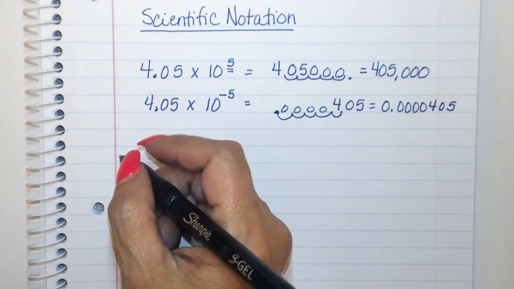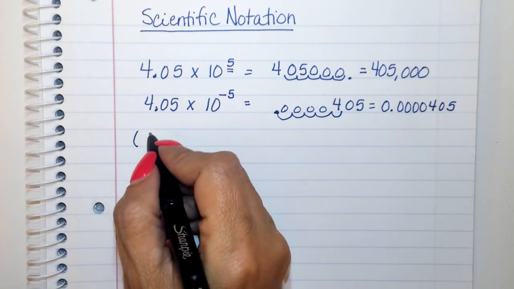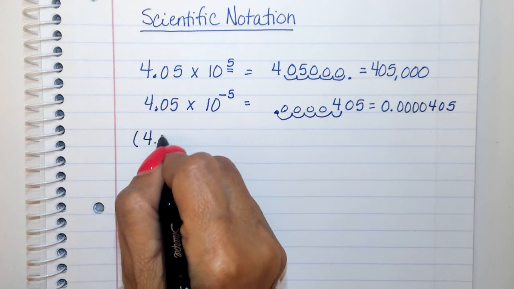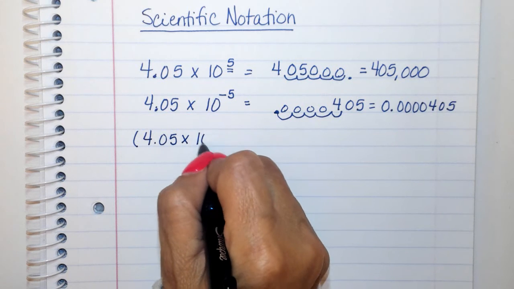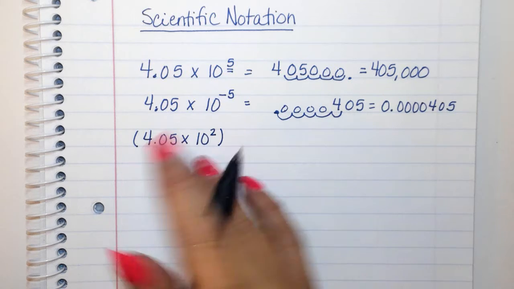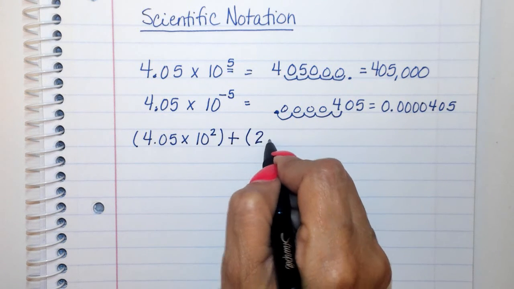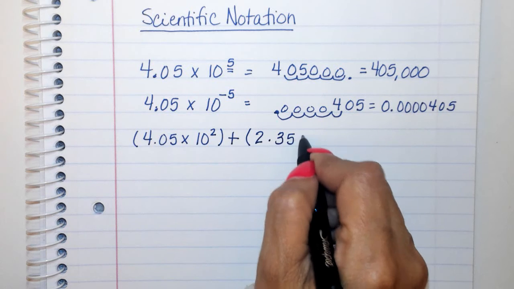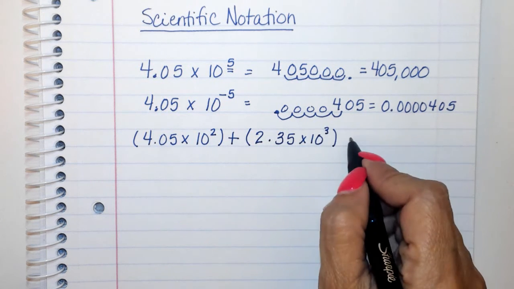Now, in IB Math, you know what? I did not see this anywhere on the exam last year, but they wanted me to show it to you. If I take 4.05, we'll say times 10 to the 2nd power. So this is a number. And then I want to add it to, I'm going to say 2.35 times 10 to the 3rd power.